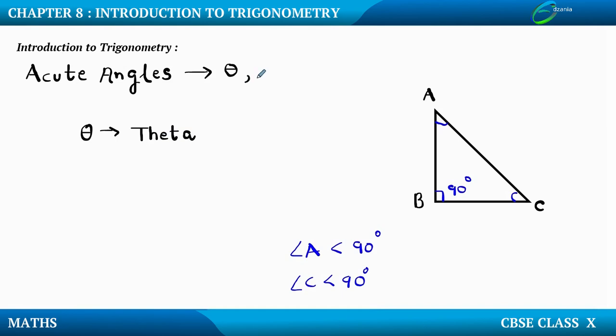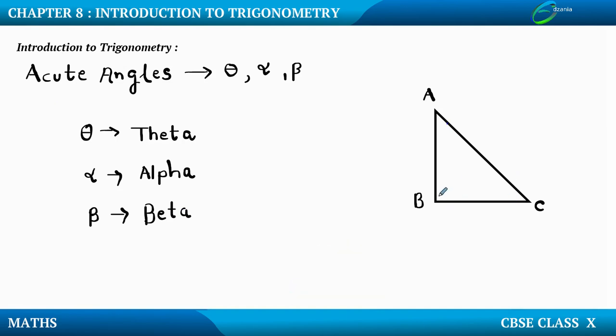Not only theta, there are some other notations as well, like this is alpha, or else beta, and there are many more. The most commonly used notation is theta, and these acute angles are generally denoted by theta.